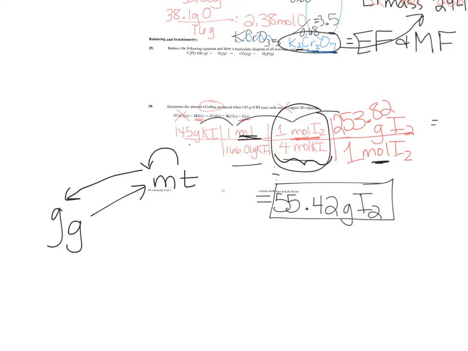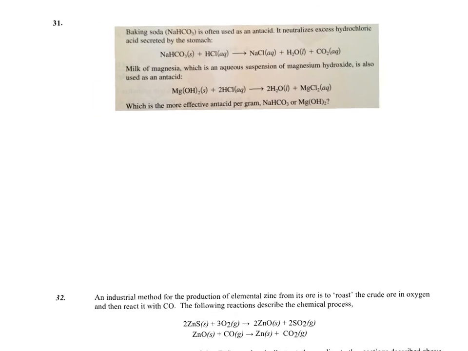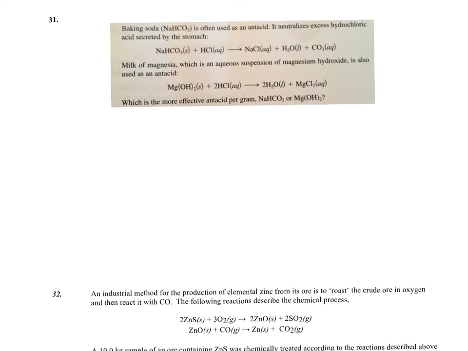Okay? All right, that leads us to number 31. So 31 is talking about baking soda, which is often used as an antacid. It neutralizes excess hydrochloric acid secreted by the stomach. Then they're talking about milk of magnesia, which is also used as an antacid.